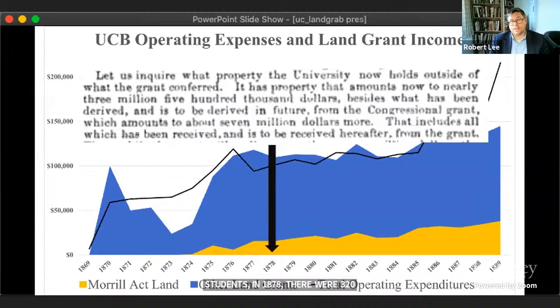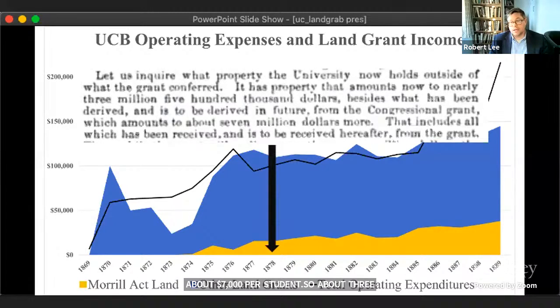So in today's dollars, that would be about $21,000 of endowment per student. The endowment of the University of California today is over $21 billion. There are nearly 300,000 students. It's about $7,000 per student. So about 3 times less than what was being estimated in the 1880s per pupil.